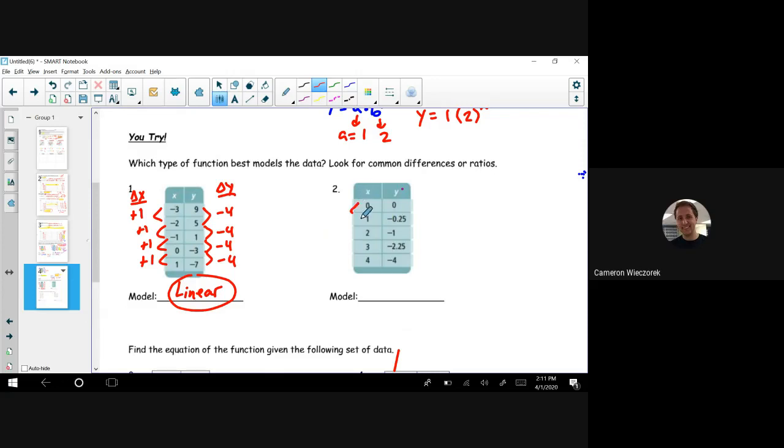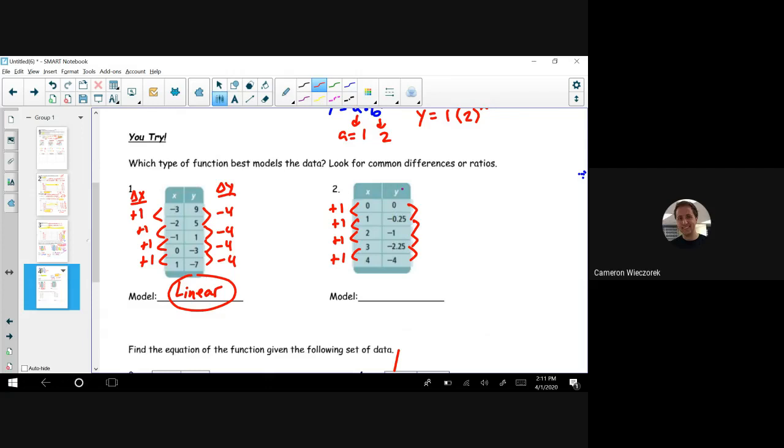Same directions for number 2. I always start with the change in x. I notice these grow by 1. Now this is a little harder to tell since you have some decimals to deal with.